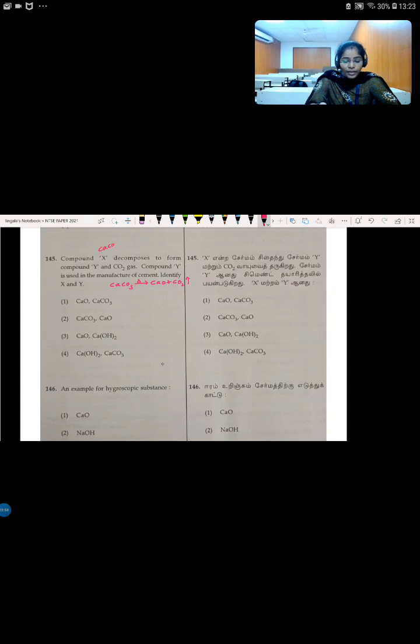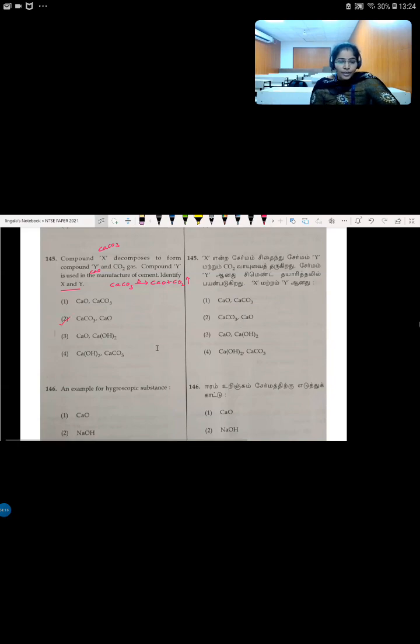Calcium carbonate. It decomposes to form compound Y. So what is compound Y? Calcium oxide and carbon dioxide. Compound Y is also used in the manufacture of cement. So calcium oxide is also used in the manufacture of cement. So identify X and Y. X is calcium carbonate and Y is calcium oxide.